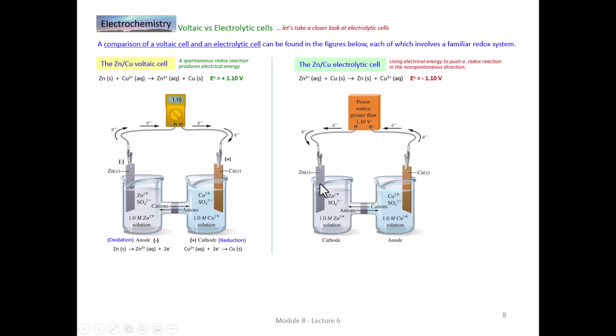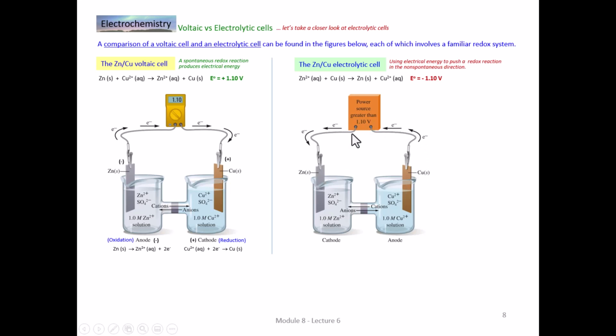We still have a zinc electrode on the left, a copper electrode on the right. But what's going on here is that we've decided that we want the reaction to go in the non-spontaneous direction. Now, the only way we can do this is to force it to go in the non-spontaneous direction. You'll notice that electrons are now flowing in the opposite direction.